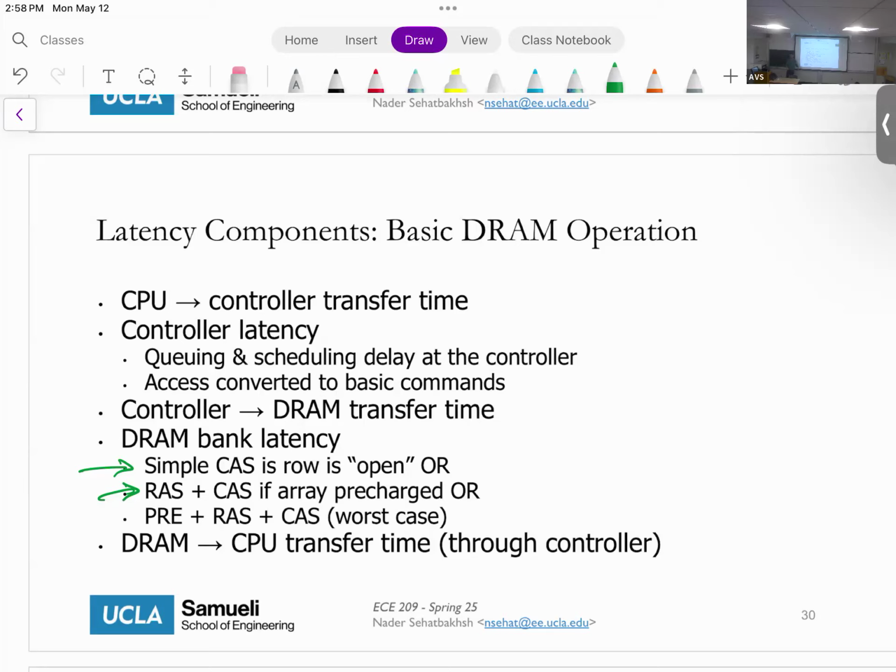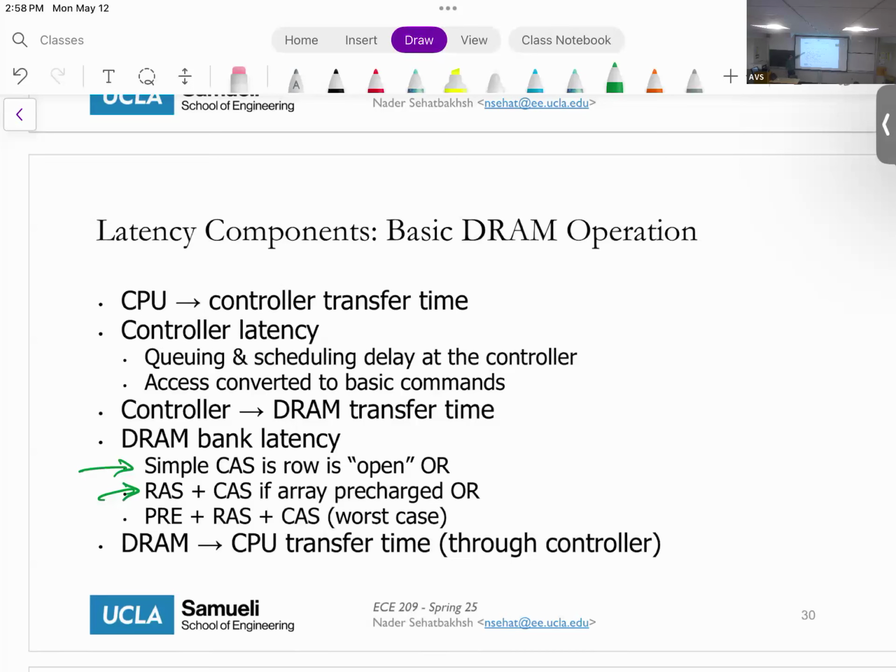The most optimal one is that the row is open and you hit on the row buffer. The medium option is when you always do closed row, which means that you always pre-charge and write it back, but in that case, you always pay RAS plus CAS. And then the worst case is when you pay pre plus RAS plus CAS. This is when you have an open row and you miss. And then, of course, once you read this value, you send it back to the CPU.